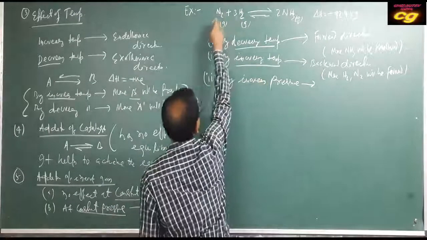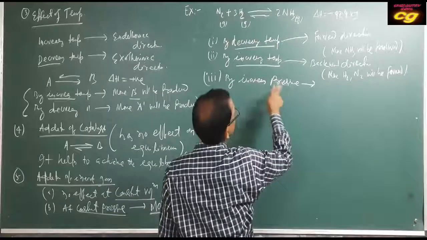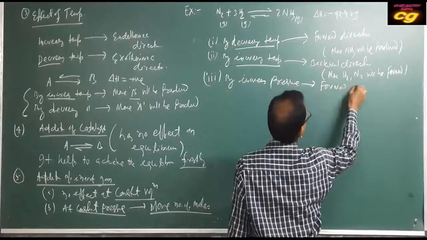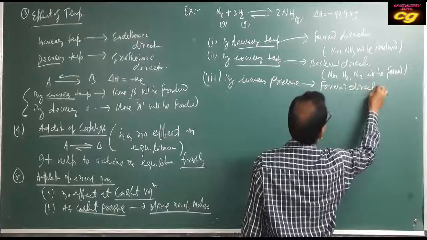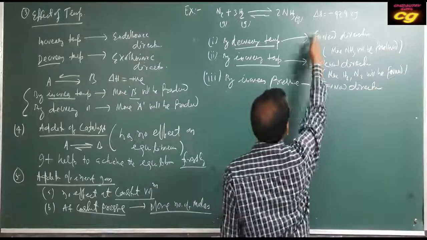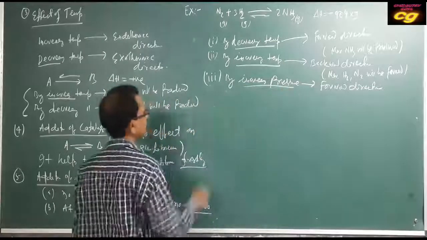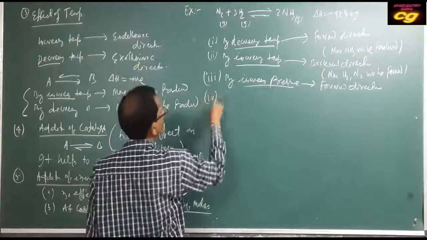Here 3 plus 1, that is 4, and here 2. So increasing pressure shifts equilibrium in the forward direction. That means more ammonia will be synthesized by increasing pressure. Okay?